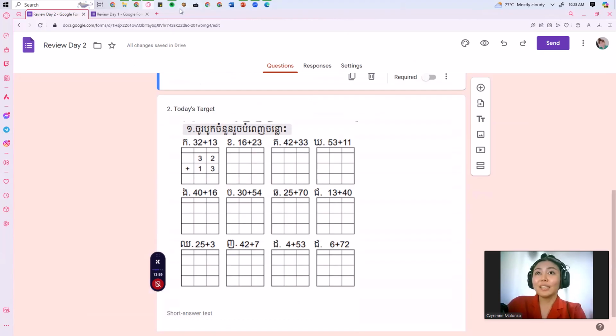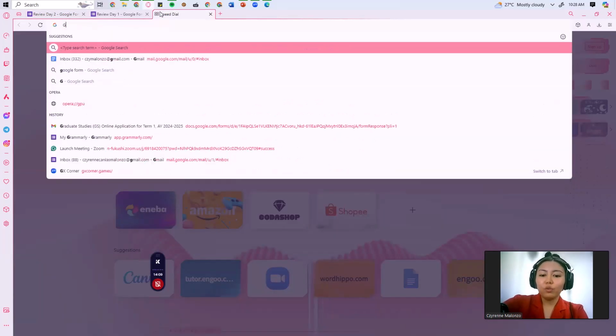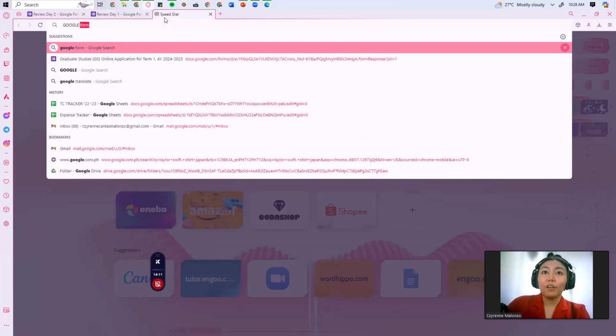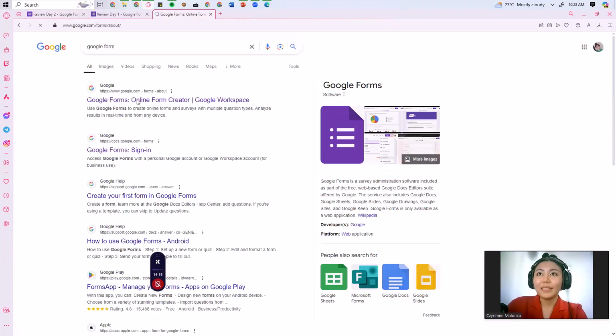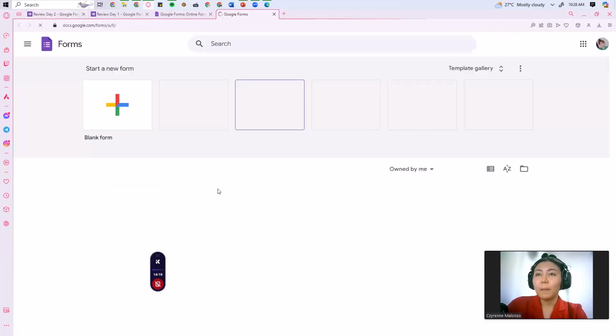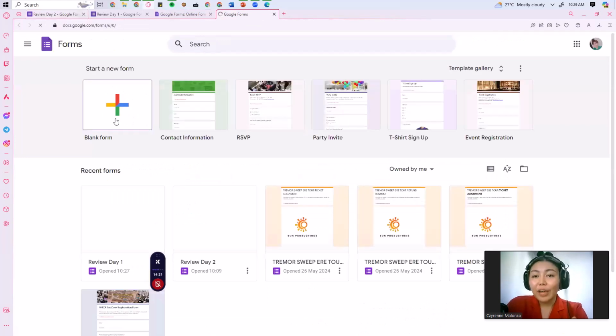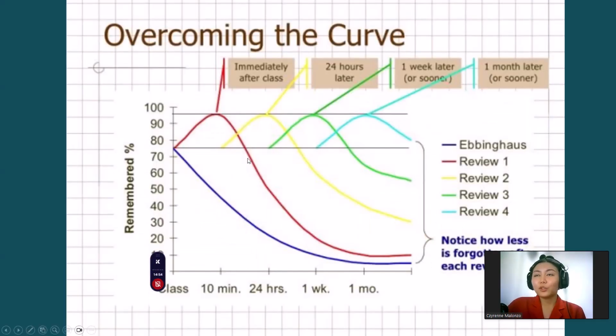So for example, we want to do review for tomorrow or for the third day. You will just go to Google Forms, click this part and go to Forms, create a blank form. Again, look at that, review day one, review day two.